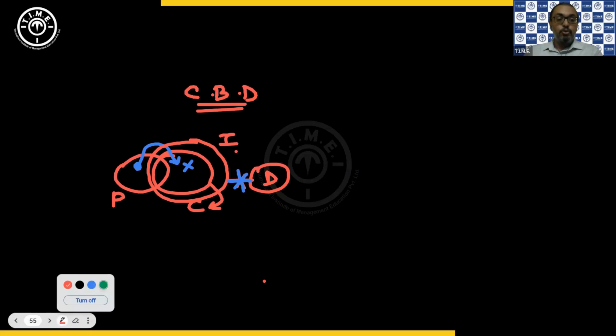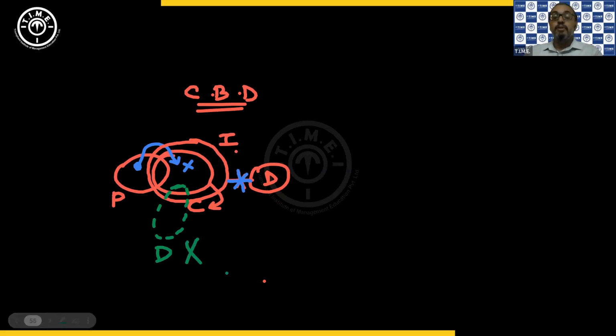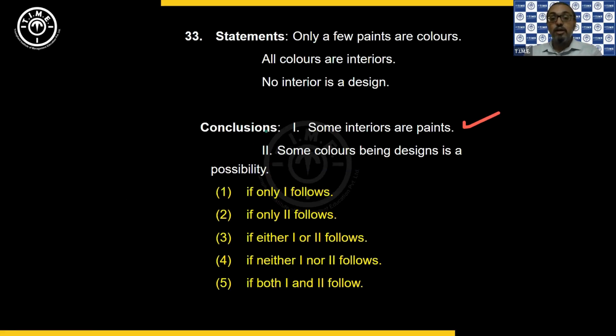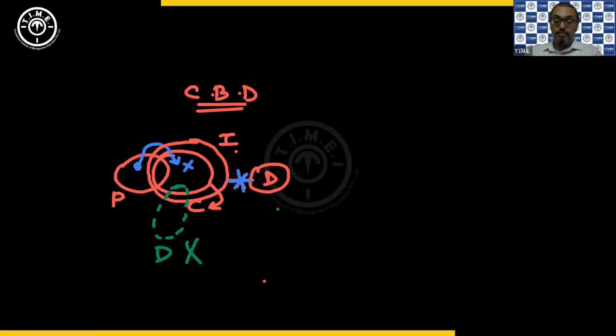So can colors and designs overlap, like this? It is not possible. Why? Because if I make D overlap with the C circle, D will automatically overlap with the I circle. Means the designs will overlap with interior, which is not allowed. No interior is a design. So colors and designs cannot overlap. So is it possible? No, it is not possible.